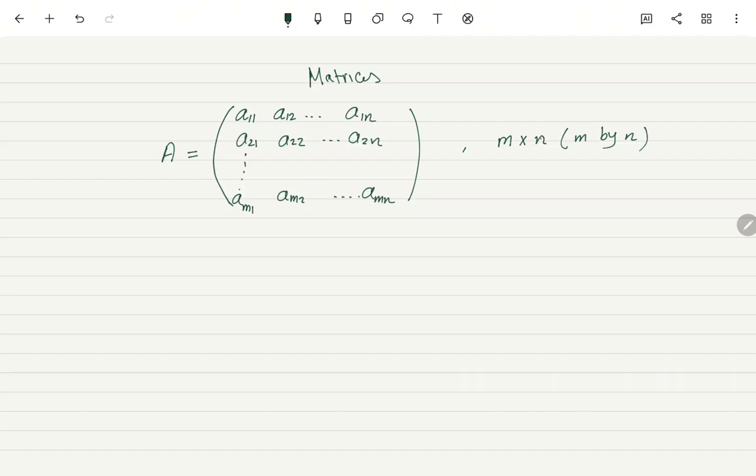Some important notes we have to consider before going further in matrices. First one, the matrix elements cannot be combined. In determinants, we can solve the determinant and find a value for the determinant as a single number. But in a matrix, you cannot get a single number.